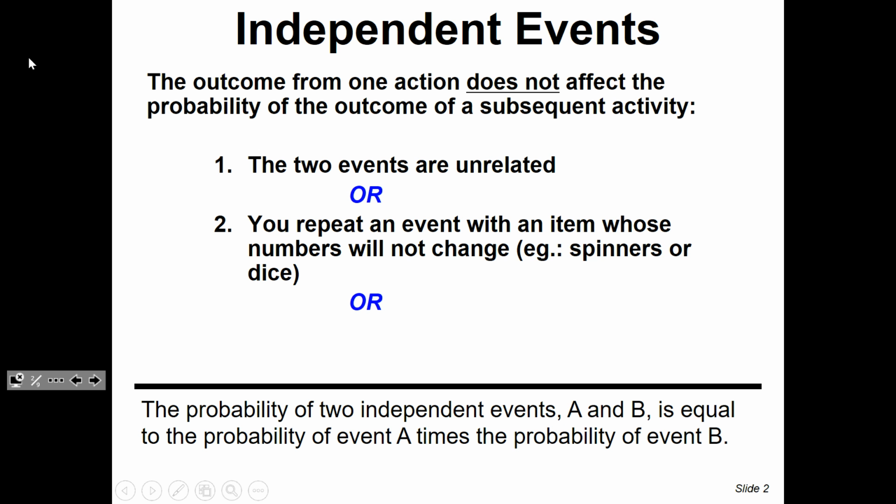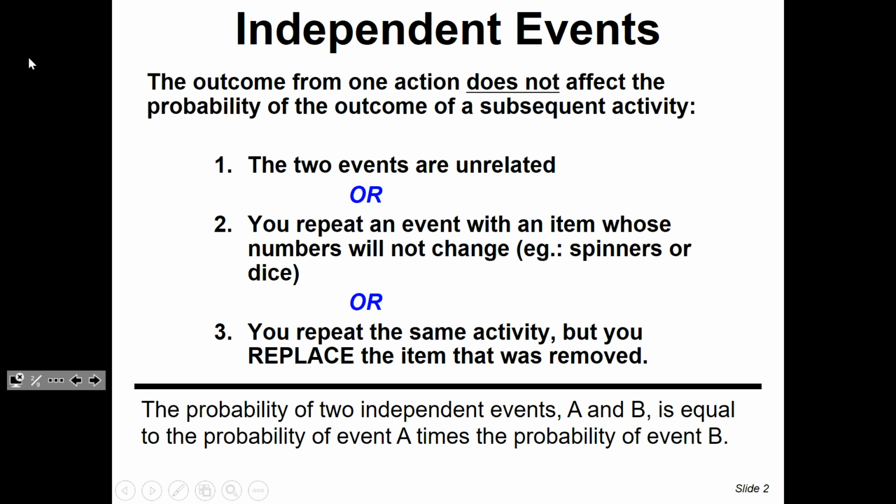Well, I can roll the dice once, and then I can roll it again, and I have the same chance, right, of getting a 6 both of those times. It's not like if I reached into a bag and took out a ball, and then you ask what's the probability of you getting another red ball, right? Well, there's one less in the bag if I already took one out, right? So this is saying with an item whose numbers don't change, like if you spin something or roll a dice.